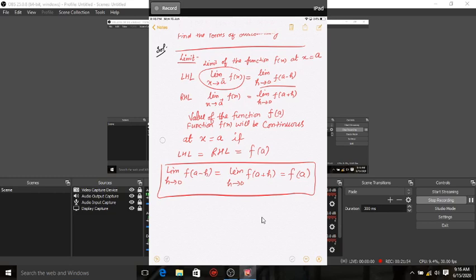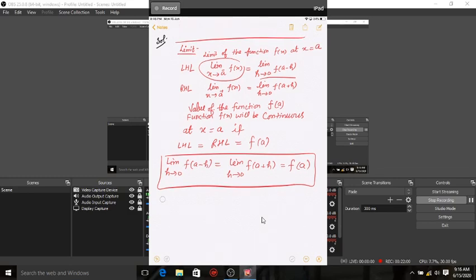Now we will discuss in which condition a function is discontinuous. So f(x) is discontinuous at a point x equals to a in the following cases.